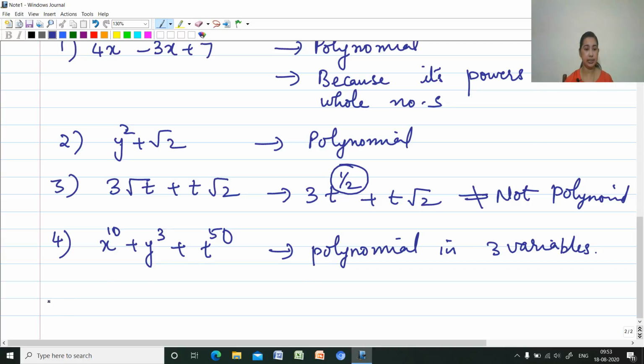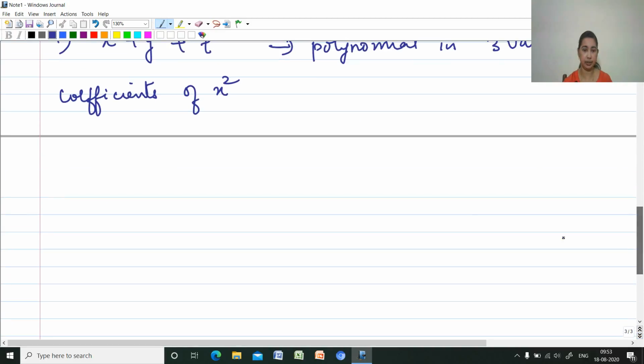Now the second question there is, write the coefficients of x square. The question here is, first one, 2 plus x square plus x. What is the coefficient of x square? Along with x square, the value here is 1.